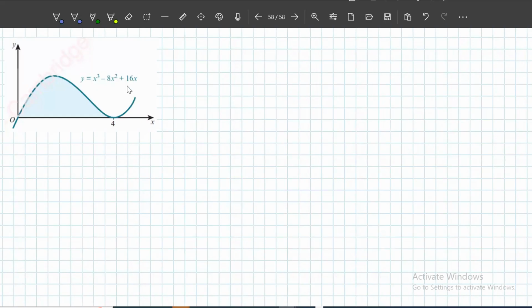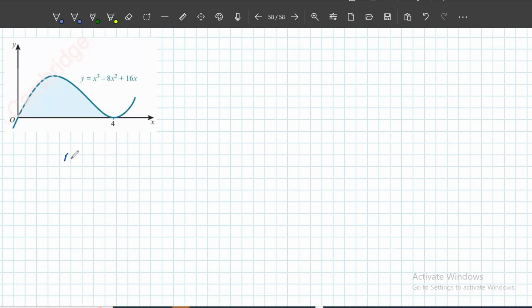Yes, we will see how to solve this question, which is the area bounded by the curve y is equal to x cube minus 8x squared plus 16x, with lower limit 0 and upper limit 4.